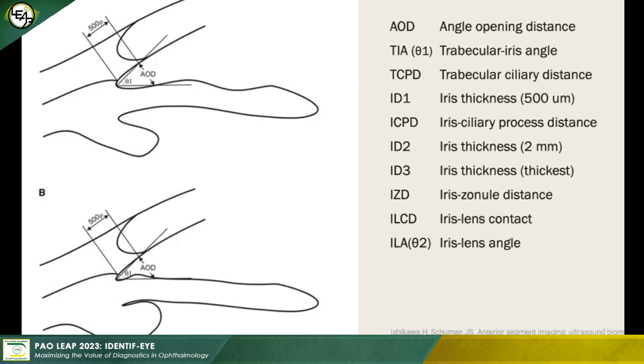The point I'm trying to make is that with UBM, yes, you can derive values from it, but it's only really as powerful as the context or the other findings associated with it. The more information you're able to compute and gather from the UBM, the better you're able to interpret it.